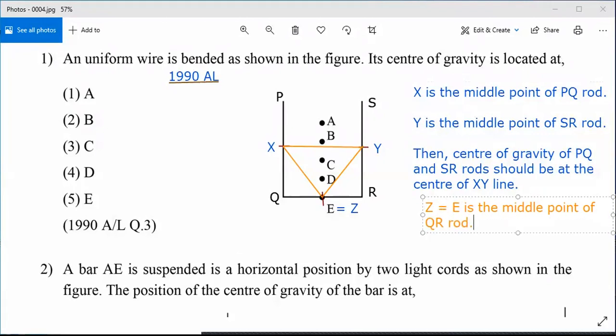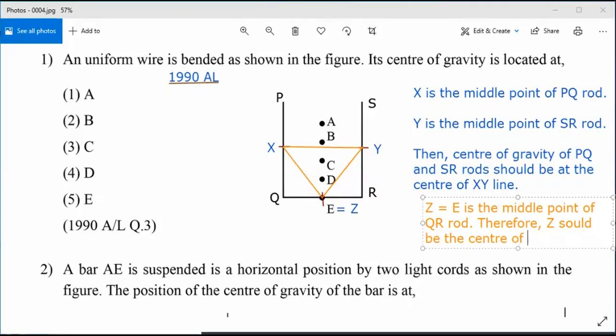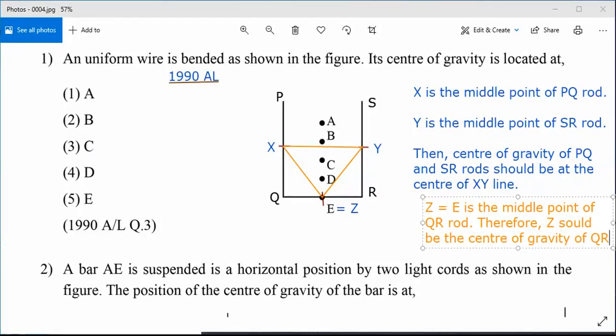Therefore, Z should be the center of gravity of QR rod.